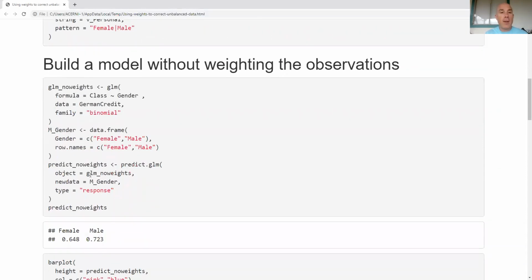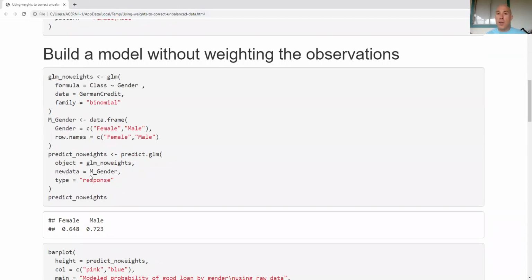Let's go ahead and build the model without changing any weights. I'm going to say that the classification of the loan depends on gender and nothing else. And so overall, my probabilities should be about 0.98 on average, because I know a priori that 2% of loans are bad. Well, what happens when I make a prediction based off of gender?